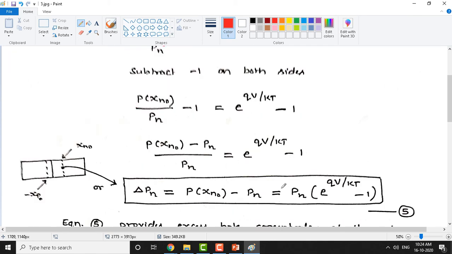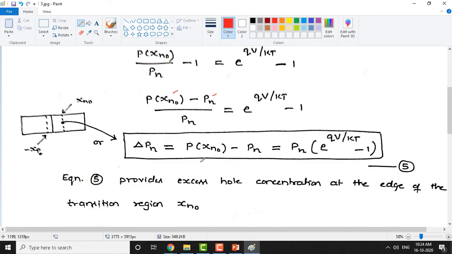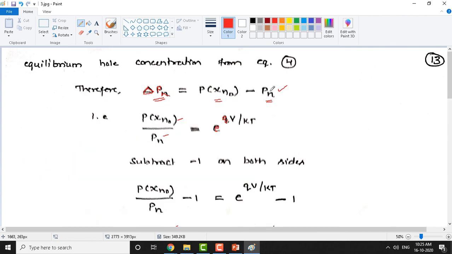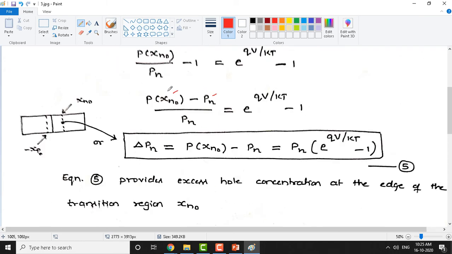And now we can see that this Pn can be taken on the left hand side. Therefore you have P of xn naught minus Pn divided by Pn, which is equal to e to the power of qv by kt minus 1. So now we can see, this is what we are expecting here. P of xn naught minus Pn can be written as delta Pn.